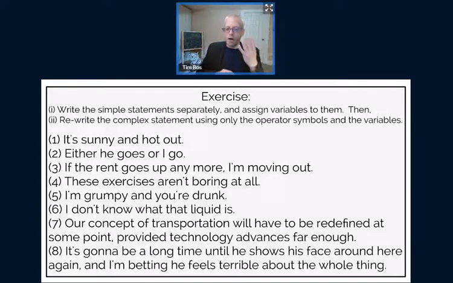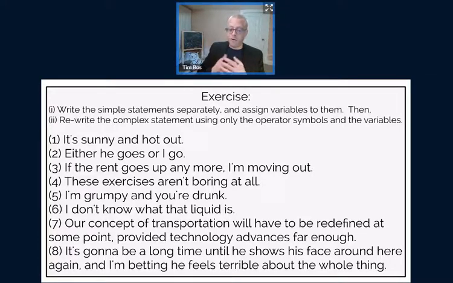And keep those 4 operators in your mind. Is this sentence giving me a disjunction, a choice of 2 things? Or is it giving me a conjunction, saying that 2 things are true? Or a conditional, where it says if this is true, then this is true? Or is it negating something, saying that something isn't true?